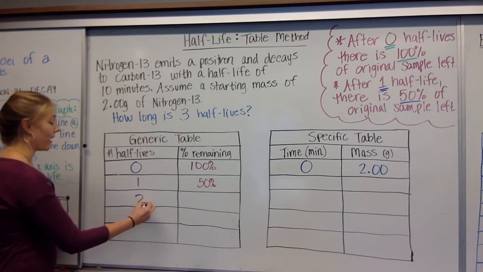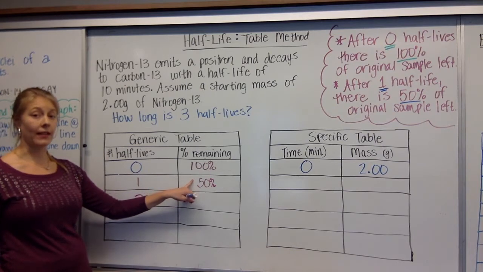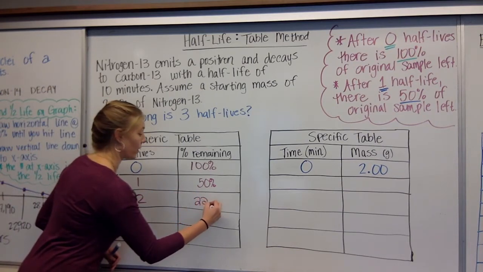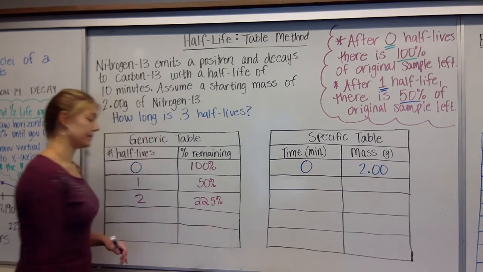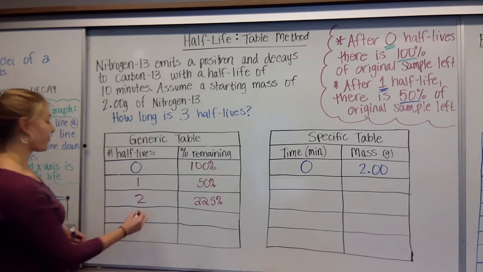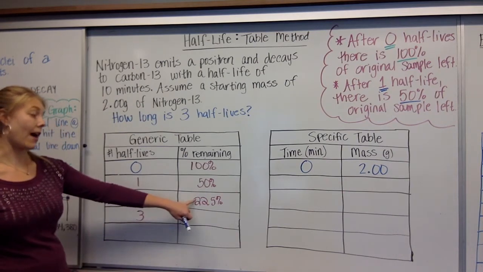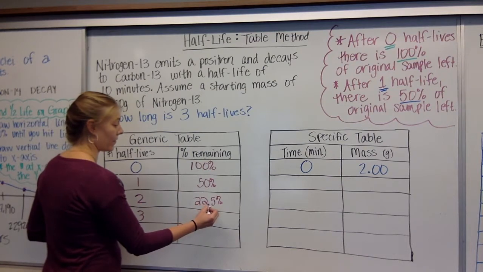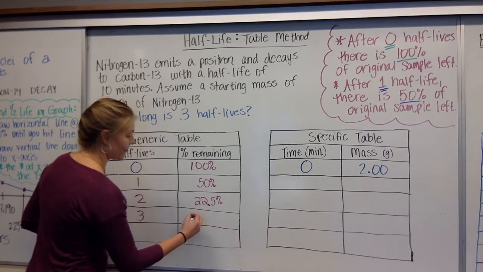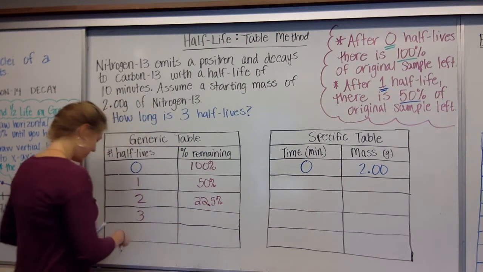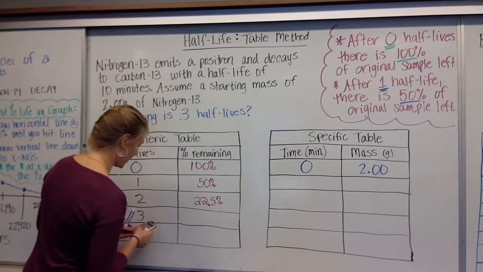At 2 half-lives, now we have half of 50% left. We have 22.5%. At 3 half-lives, we have half of 22.5% left, which is, oh gosh, math, which is 12.75?